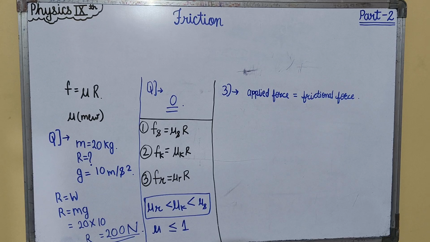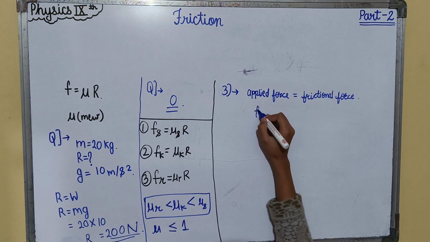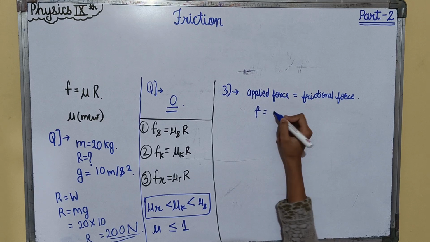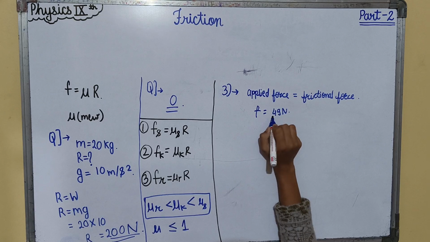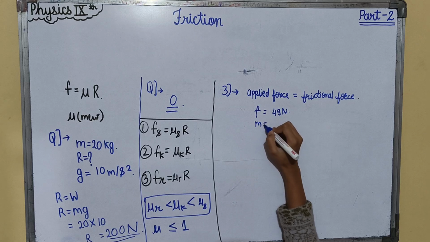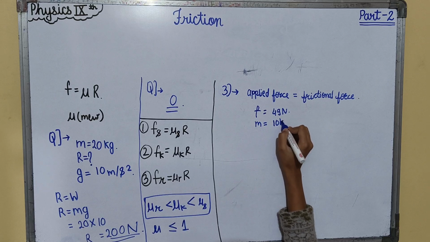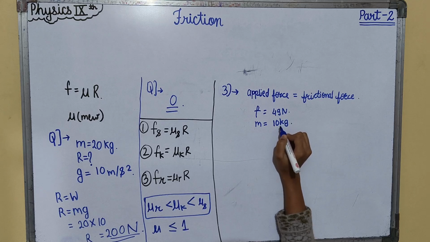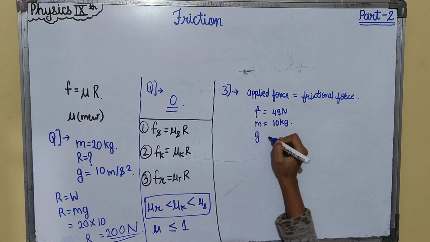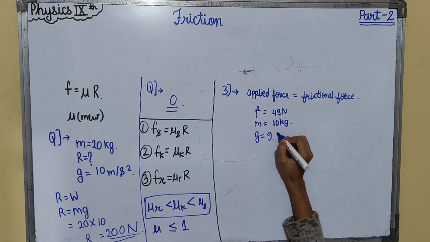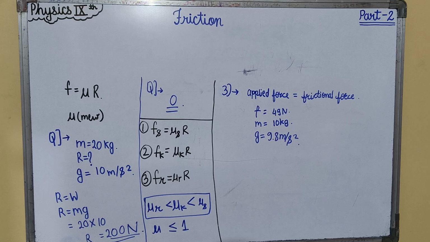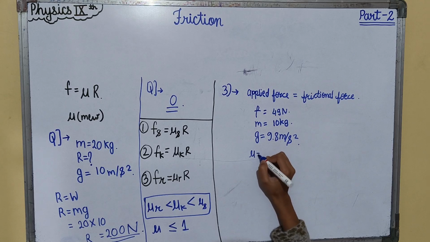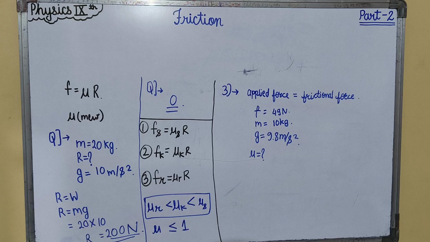So frictional force F is given, 49 Newton, mass M is given, 10 kg. Acceleration due to gravity is not given, which means we know that the value of acceleration due to gravity is 9.8 meter per second square. Coefficient of friction is equal to what? We have to find this.